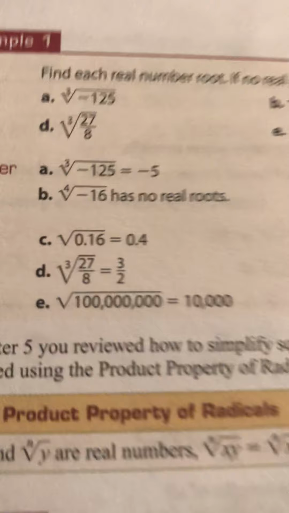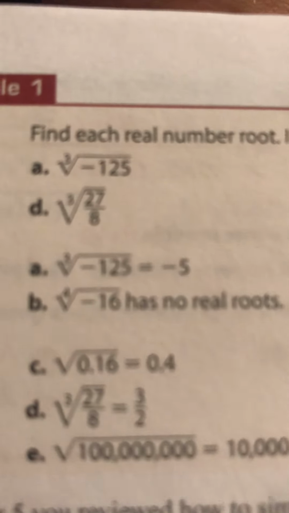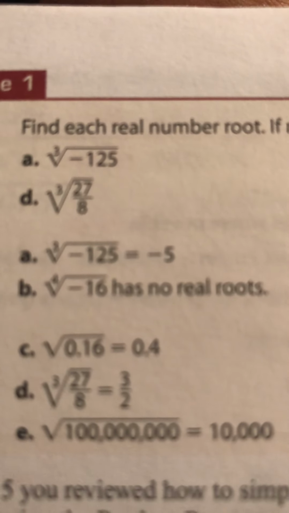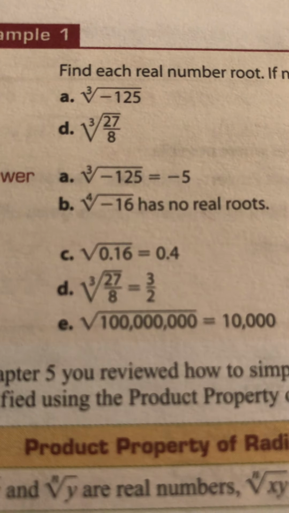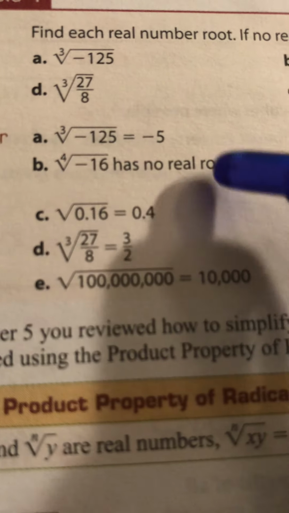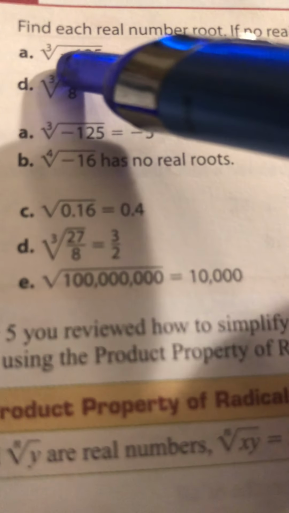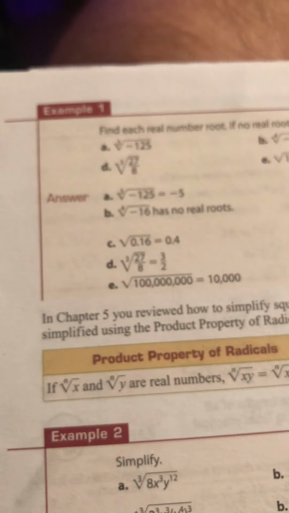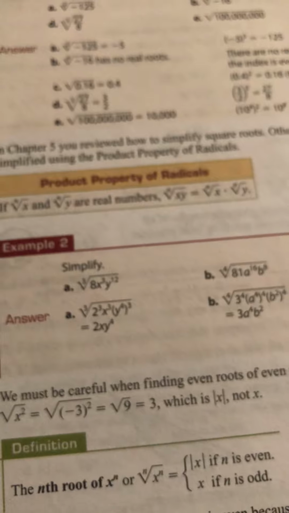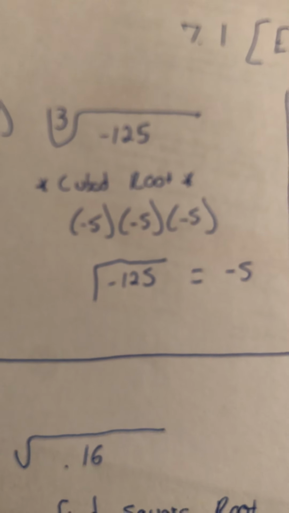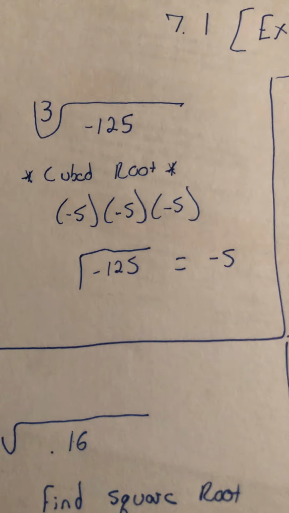All right, our first one says we're going to have the radical of negative 125. Let's talk about two things here. Our index is what number? 3. And our radicand is what? Negative 125. I'm going to go to my paper right here. I've worked it out where you guys can see.